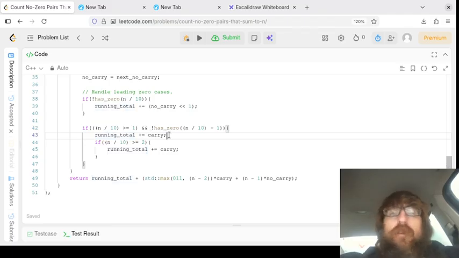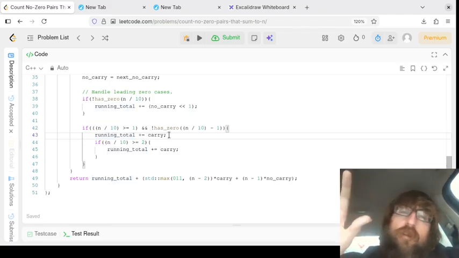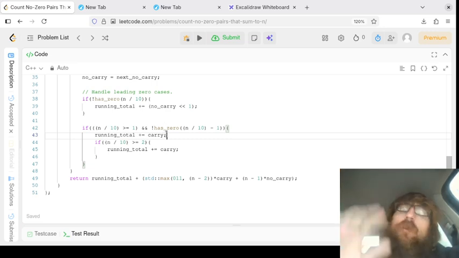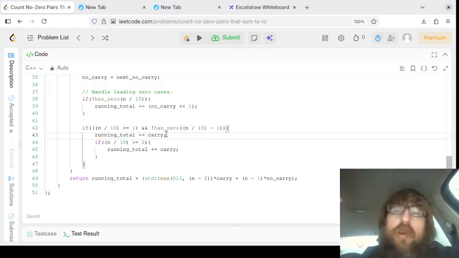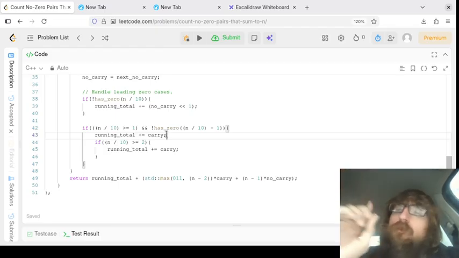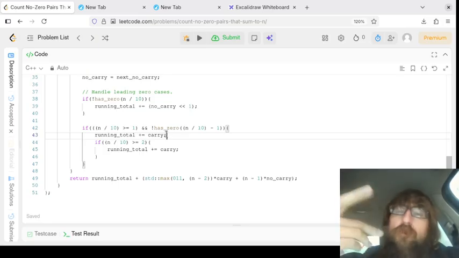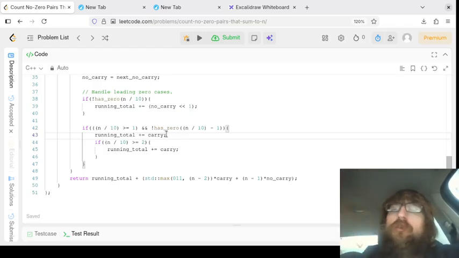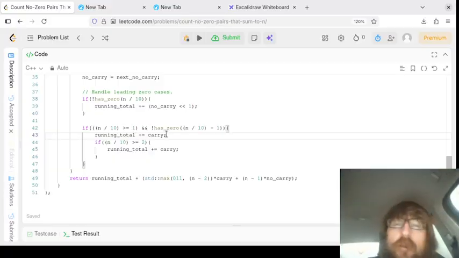And as it turns out, you're always going to add to the running total the carry amount in this case. So you're always going to do the leading zeros placed on A, and then the prefix placed on B. But you don't always do the symmetric case, the inverse case. And that's one of the subtleties here that's pretty hard to figure out just thinking about it.